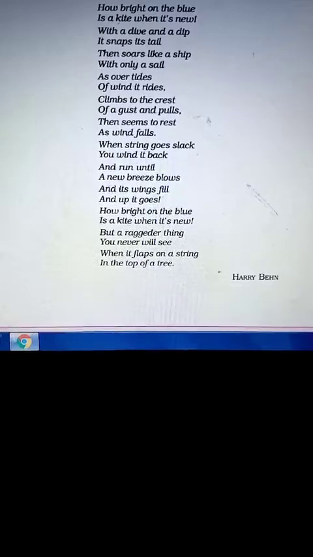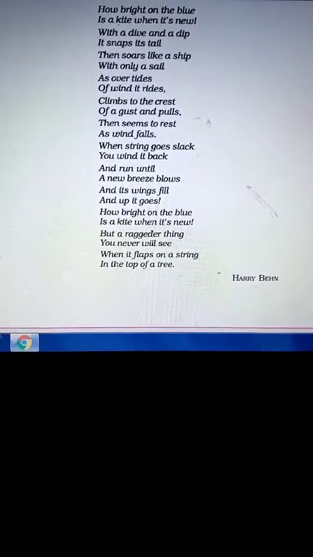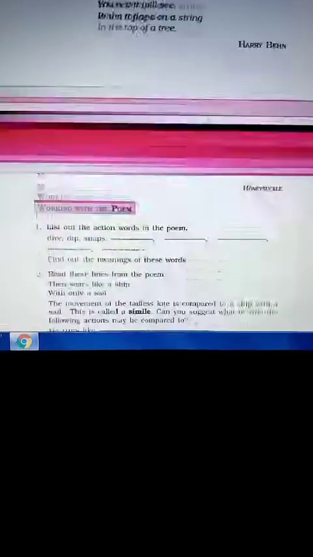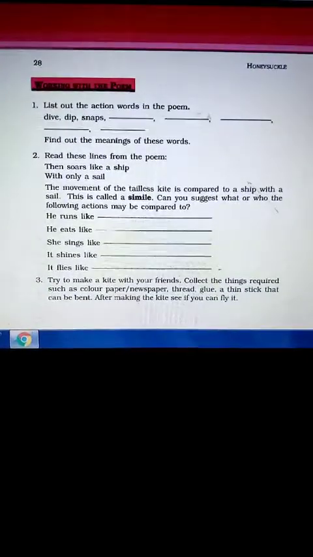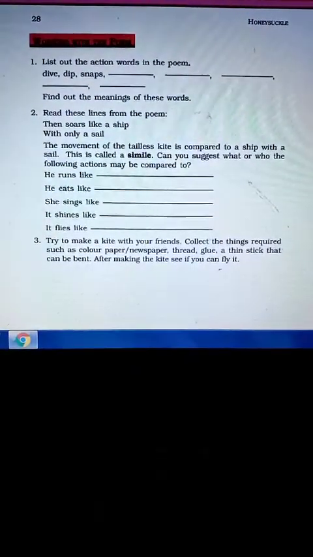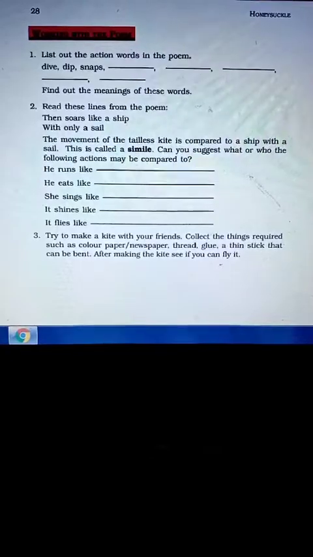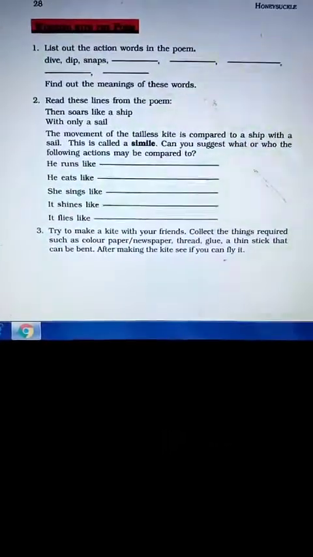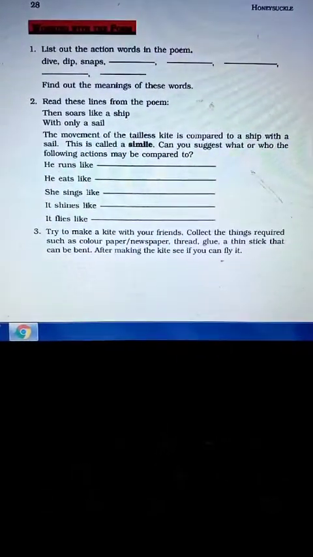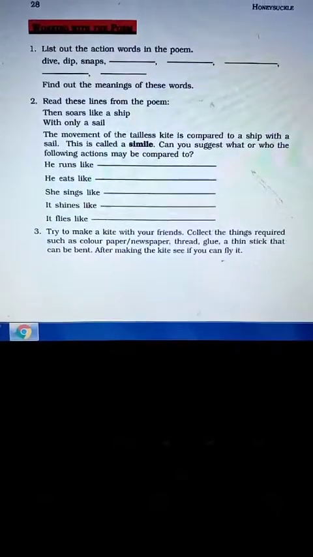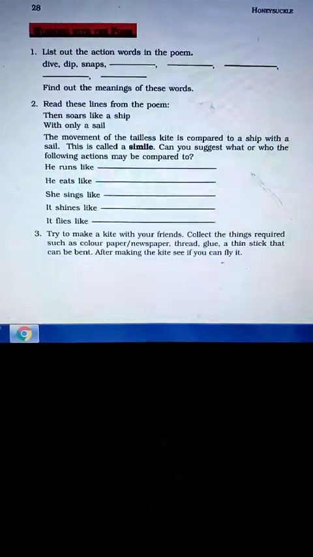And now let us move towards the exercises of this lesson. What do we have? The first thing which we have is working with the poem. List out the action words in the poem. What are action words? They are verbs.